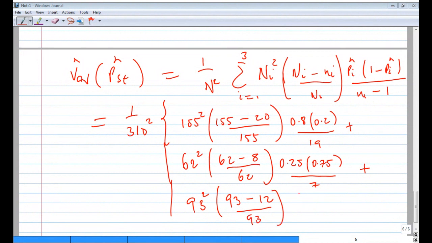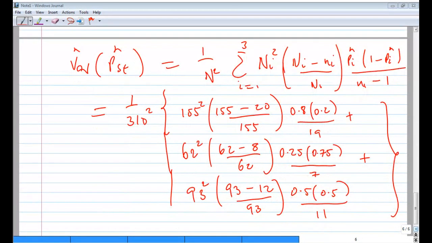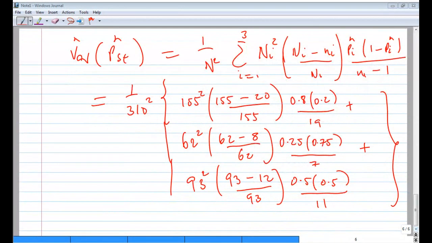Close the brackets. Then the proportion of that one is 0.5, so 1 minus 0.5 is 0.5. Then you divide by the sample size minus 1, which is 12 minus 1, so it's 11. Then you close everything. So can you please calculate for me the final answer there?